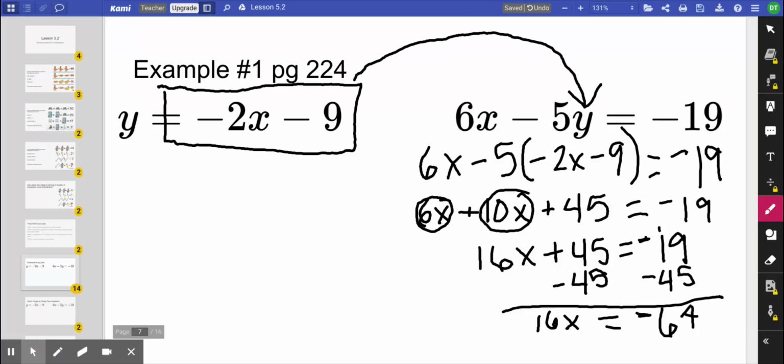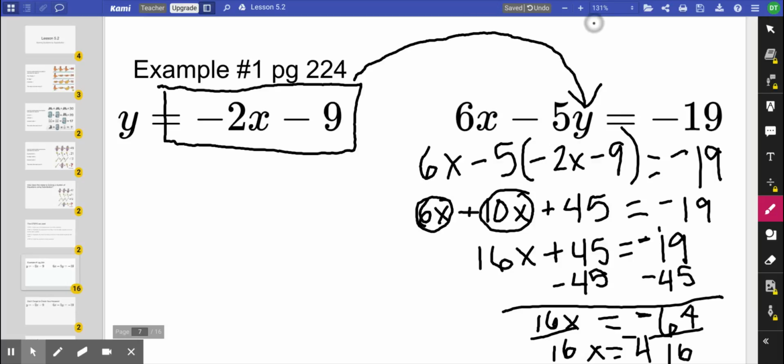So I get 16x equals negative 64. So now I'm going to use the division property of equality. I'm going to divide both sides by 16. Pull out my handy dandy calculator. 64 divided by 16 is 4. So my x equals negative 4.